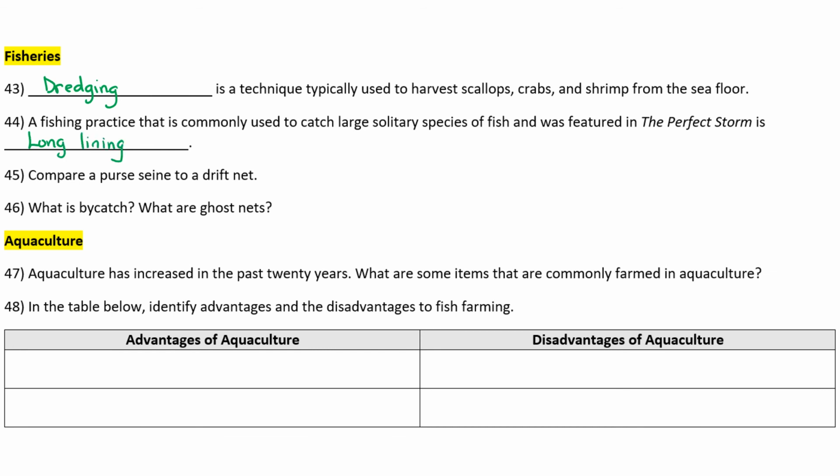45. Compare a purse seine to a drift net. So the purse seine would be nets used to encircle a school of fish.